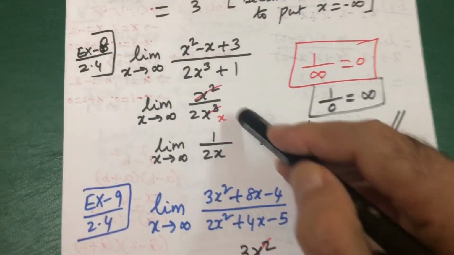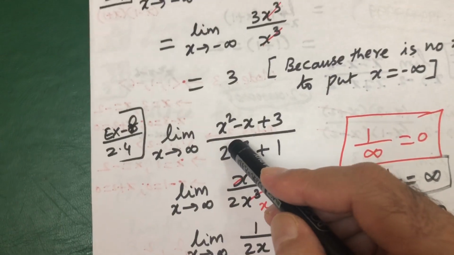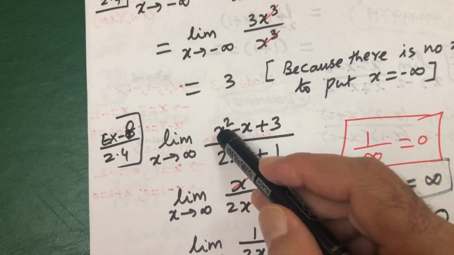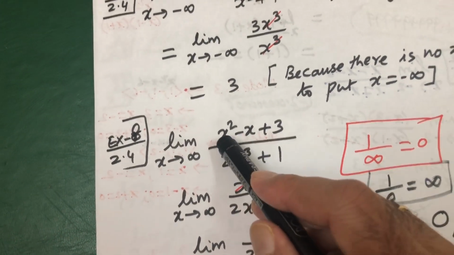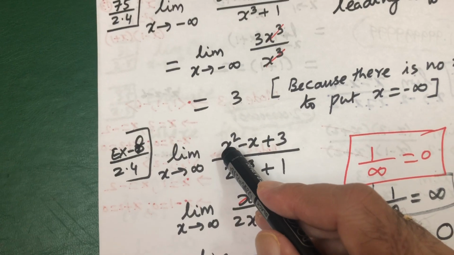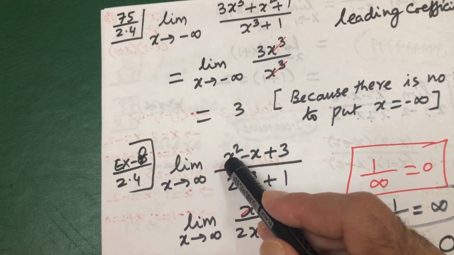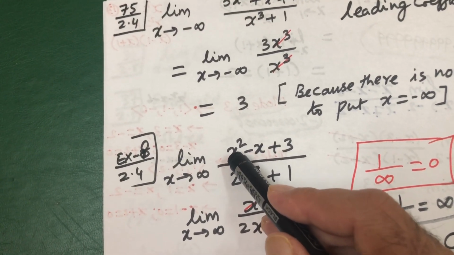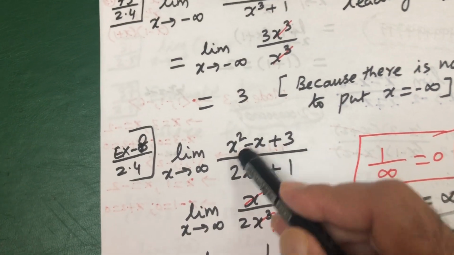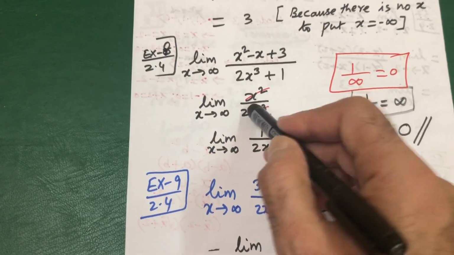Suppose you want to use a calculator, you put a very big number, 99,000, like that, but it is very cumbersome. This is easy. Using a calculator here is difficult.